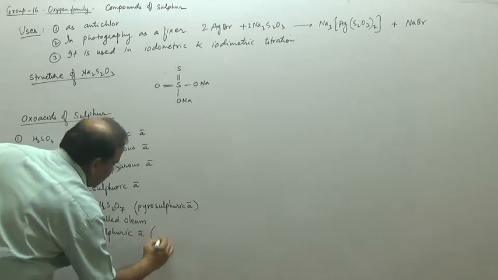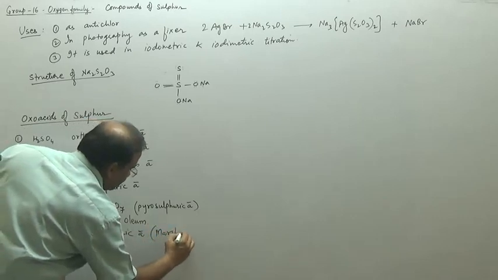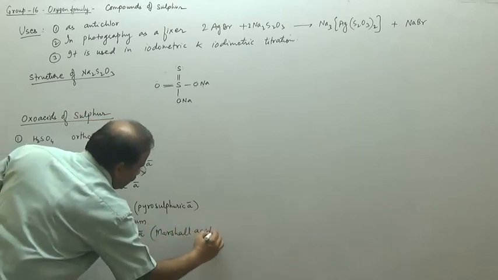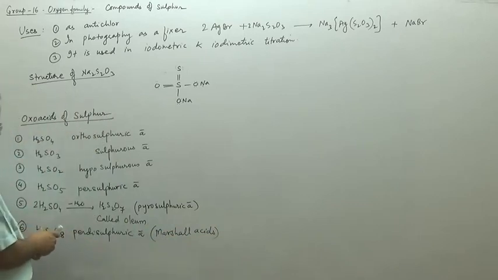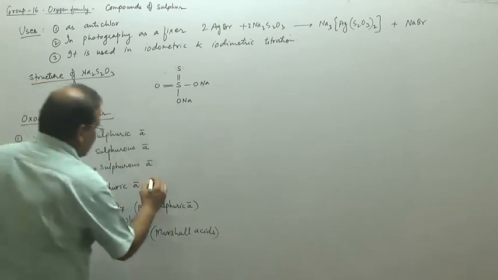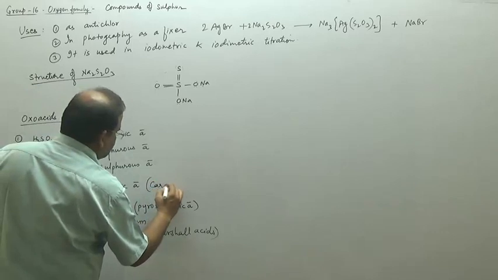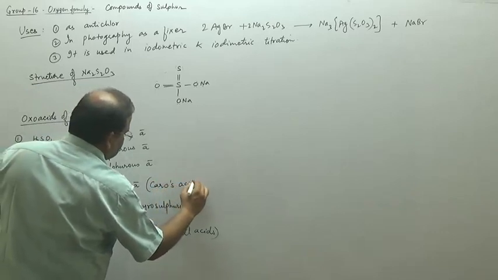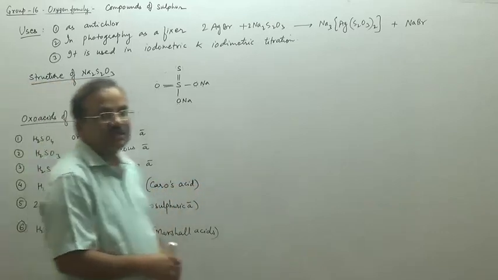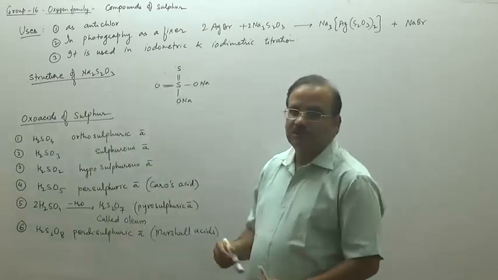It is also called Marshall's acid. As we know, persulfuric acid is called Caro's acid. So the Marshall acid, the Caro's acid, like that we are able to write.